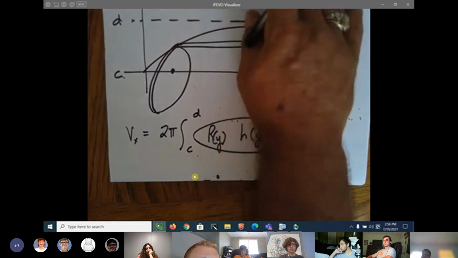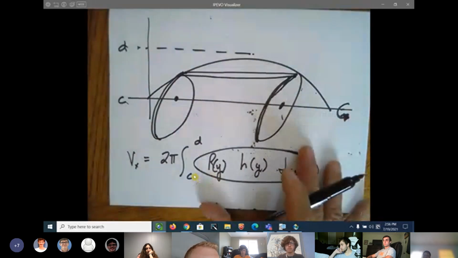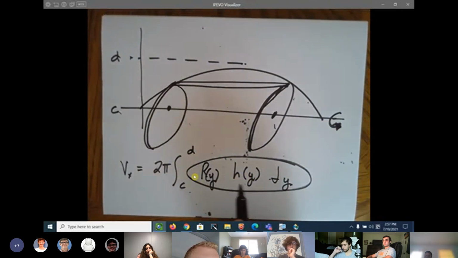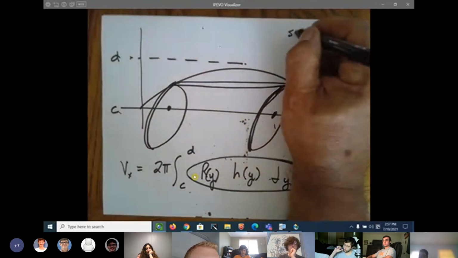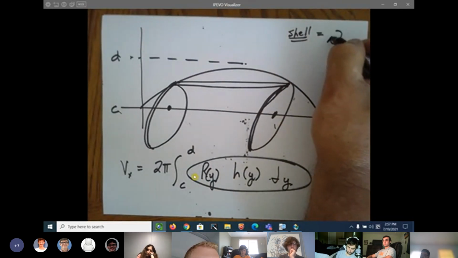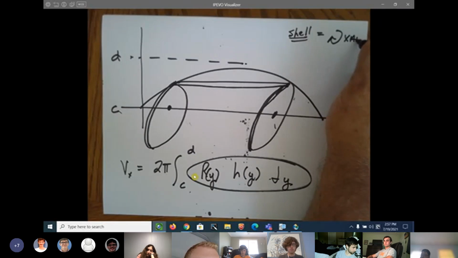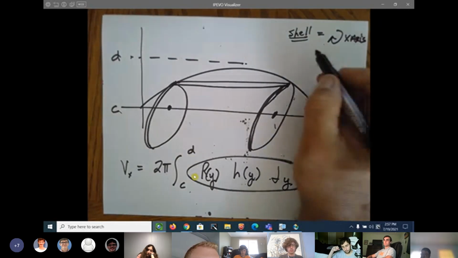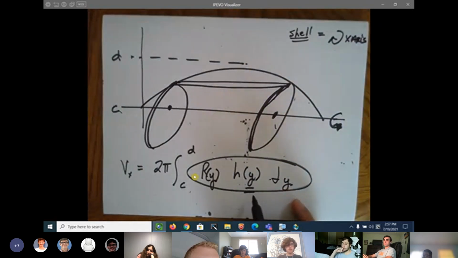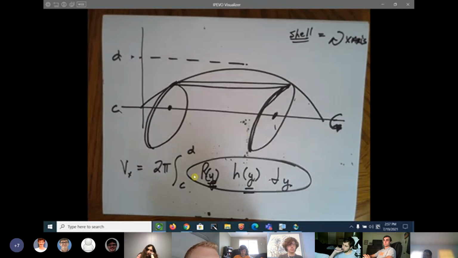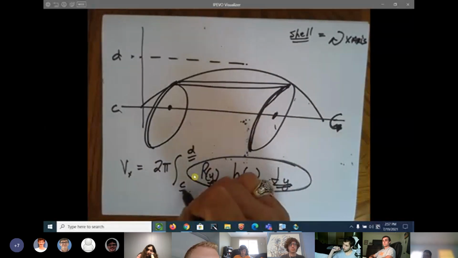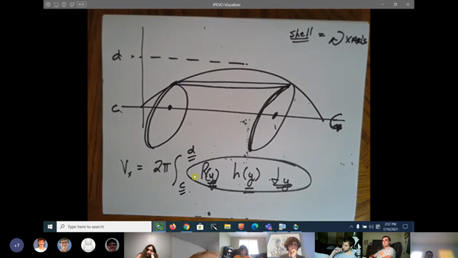It's kind of like the opposite with the disk or the washer. Okay? So you got to remember, with a shell, when you are revolving around the x-axis, you have to get the equation in terms of y, the radius in terms of y, and you have to do everything in terms of y. So that's with a shell.